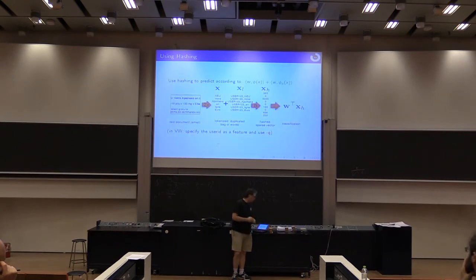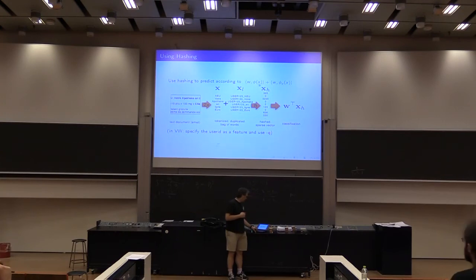Okay, so now you can try to use hashing. And the idea is that you have the hash of the words themselves. Then you have to have the hash of the words keyed by the user. Right, so for every feature that you had before, you now have two features.